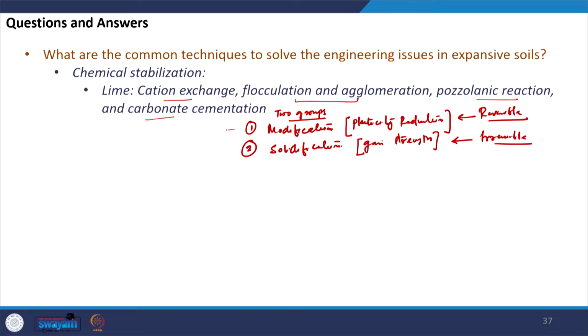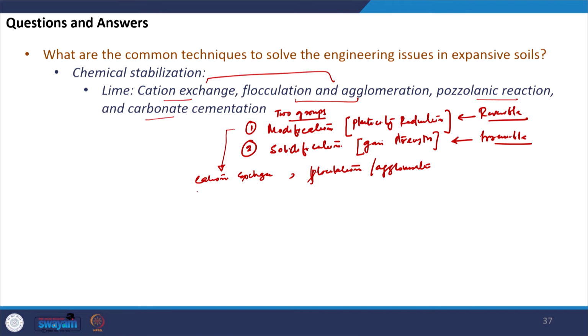The modification process includes cation exchange and flocculation and agglomeration. Okay. So, the first two parts fall under the modification process.